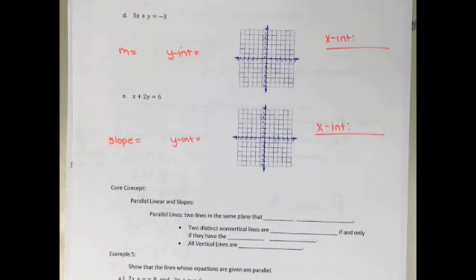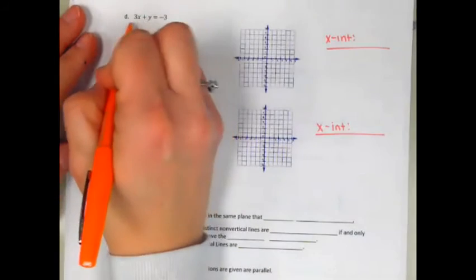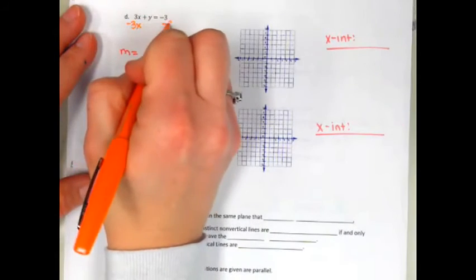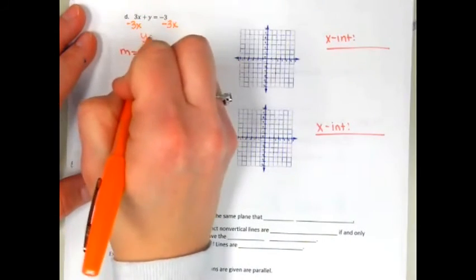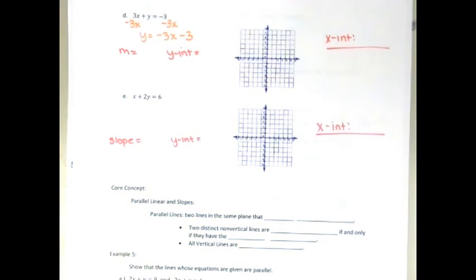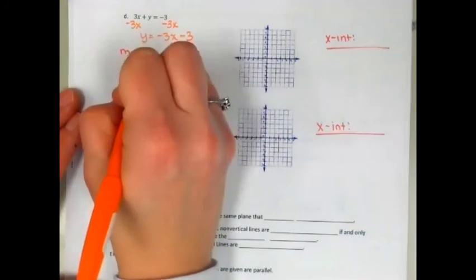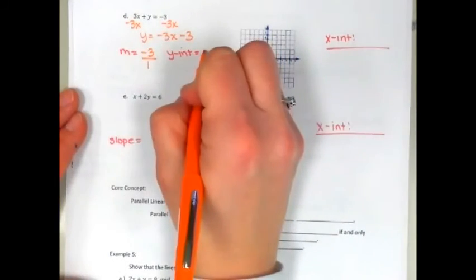So in D and E, both of these aren't y equals, right? So how do I solve for y in D? Subtract the 3x, yep. So y would equal negative 3x minus 3, right? So what is my slope in this one? Negative 3 over 1. And what's my y-intercept?